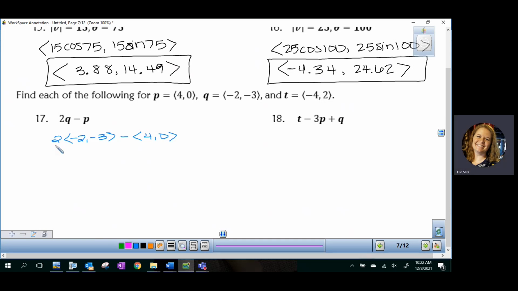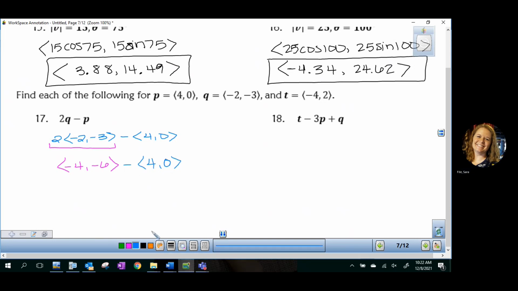I'm going to do the scalar multiplication first. That has to be done first. So this vector Q is being doubled. It's being multiplied by 2. So that becomes -4, -6. And you are still subtracting the vector 4, 0. Now you combine with addition or subtraction, whatever the case is.